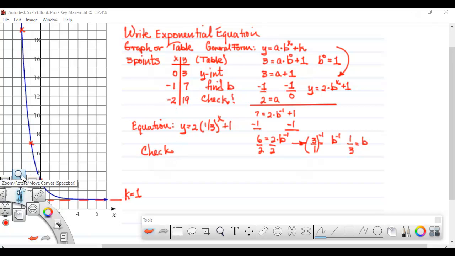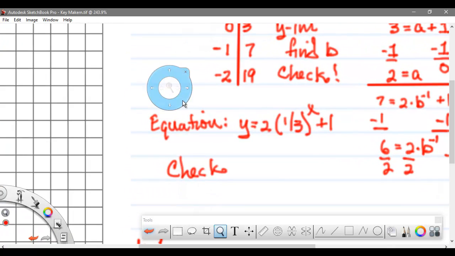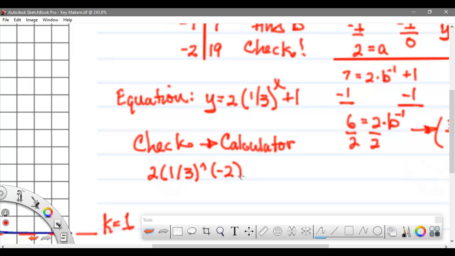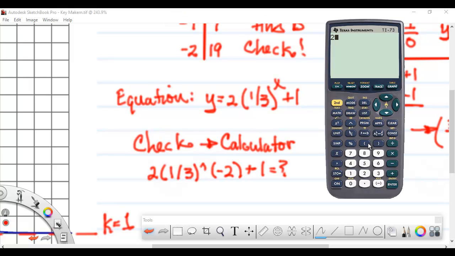Now I want to try (-2, 19) in this to make sure I've got the right equation. If I have the right equation, I should put -2 in for x and get 19 out. So I'm going to use my calculator to do this. And I have a TI calculator, so I'm going to type it in as 2 times 1 divided by 3. That exponent, I'm going to put it in parentheses just to make sure that it's calculated correctly, and then I will add 1.